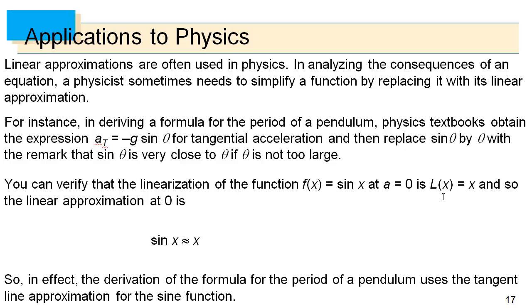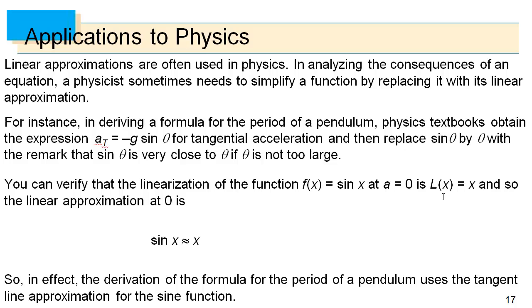Well, to make the calculations easier, oftentimes they'll replace sine of theta with the remark that sine of theta is very close to theta as long as theta is not too large, i.e. as long as theta is close to 0. Because we can use a linear approximation, we can use this technique of linearization of the function sine of x at a equals 0, right, at the origin, and we can show that the line y equals x is very close to sine of x at 0.